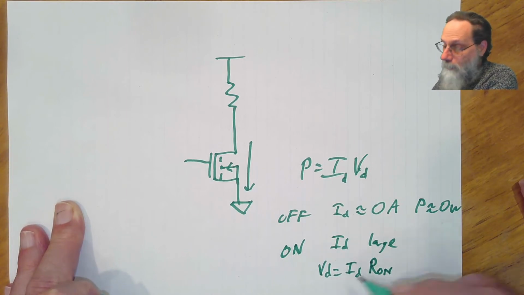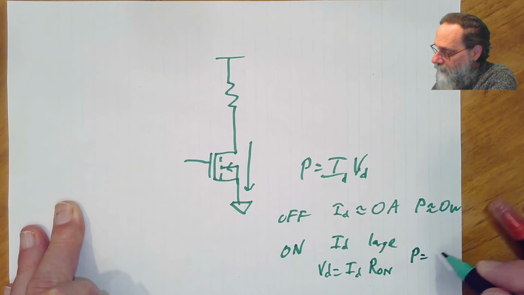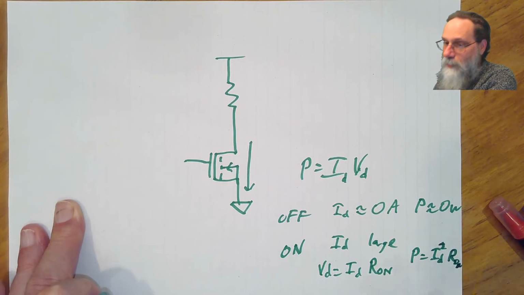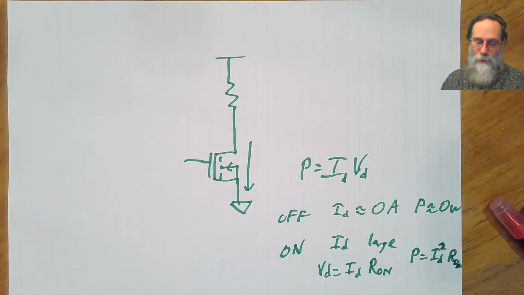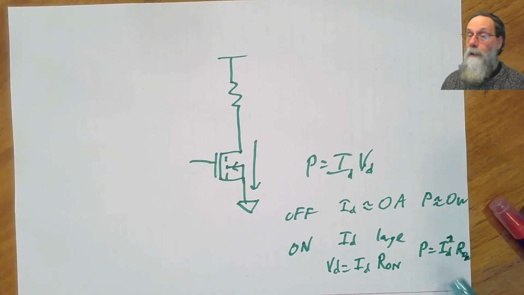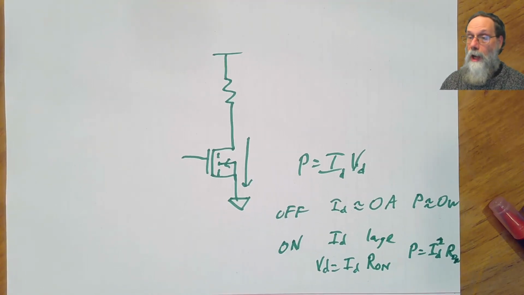So the power is the voltage squared, or the current squared, times the on resistance. Okay, so that is one static source of power dissipation. When the transistor is on, we have power dissipation that's current squared times the on resistance.